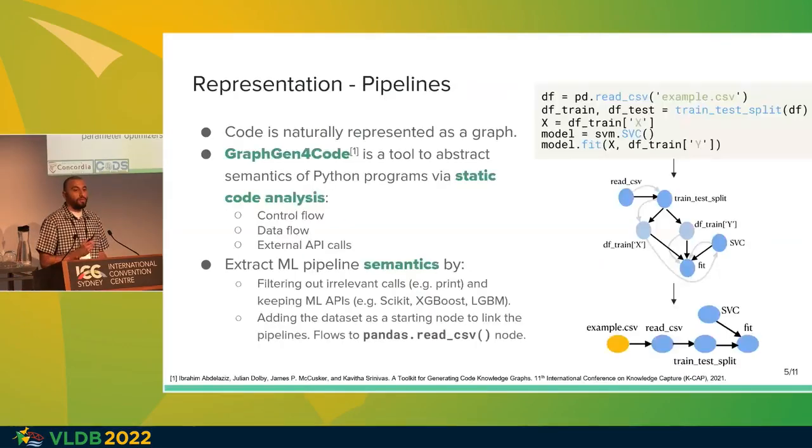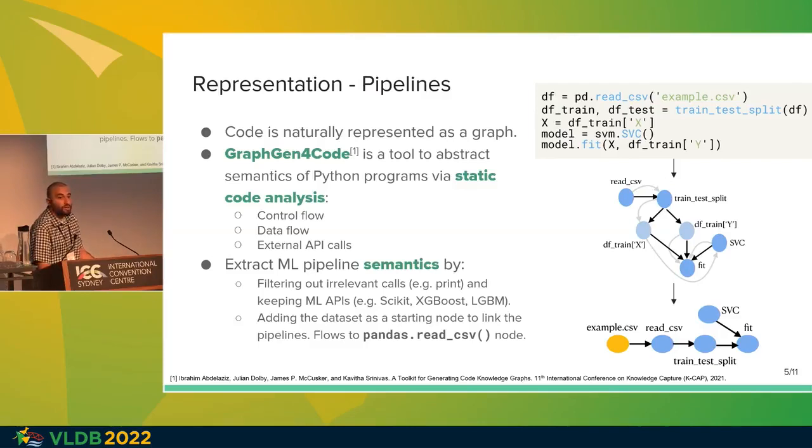Let's begin with the representation: how we represent pipelines and how we represent datasets. First, pipelines. On Kaggle, you'll find notebooks like this. This is a notebook to read a CSV file, then do train test split, and then a learning algorithm will be trained. This is a simple pipeline, but you will find lots of pipelines like these on Kaggle.